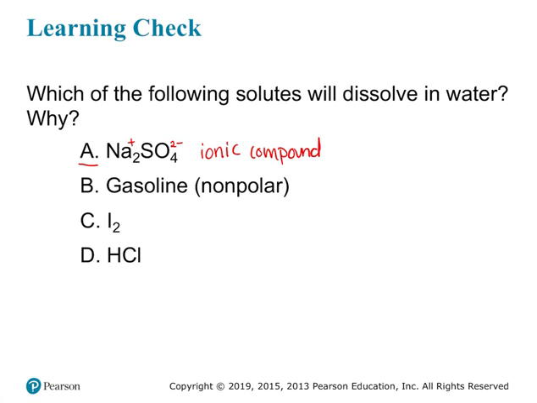So this would be a soluble compound because of sodium in particular. Okay, so that means that sodium sulfate will dissolve in water. That one really combined a lot of different concepts from this quarter.